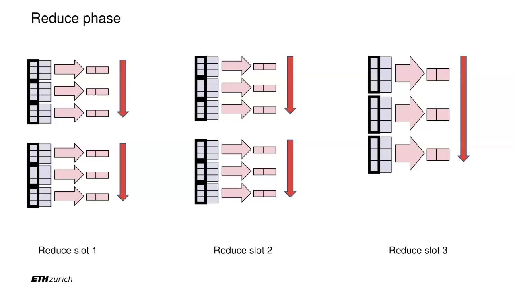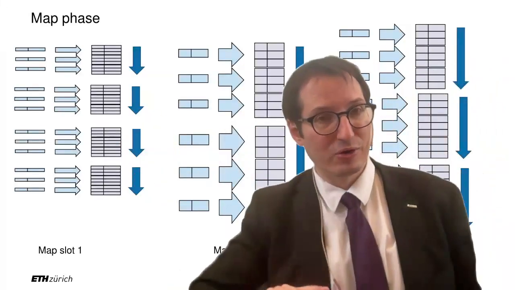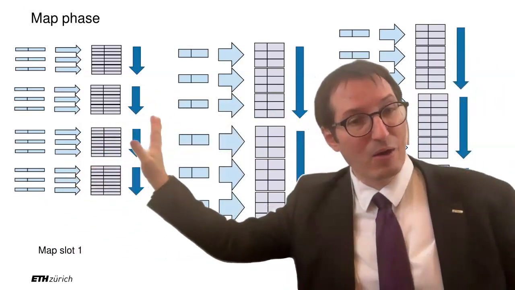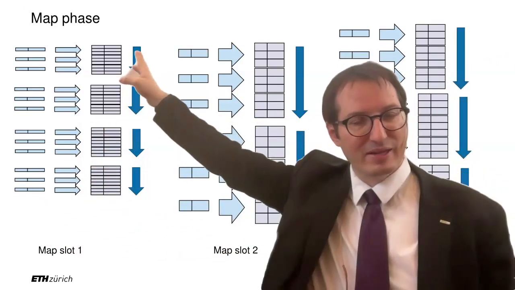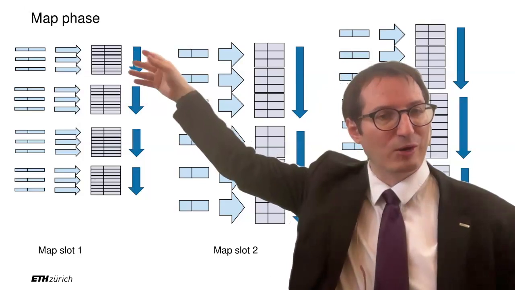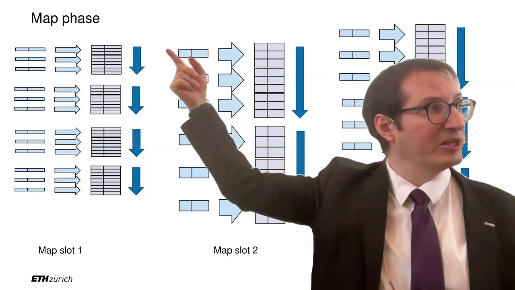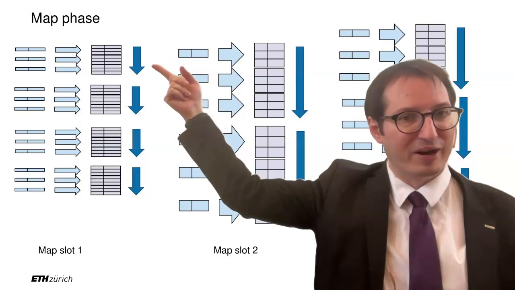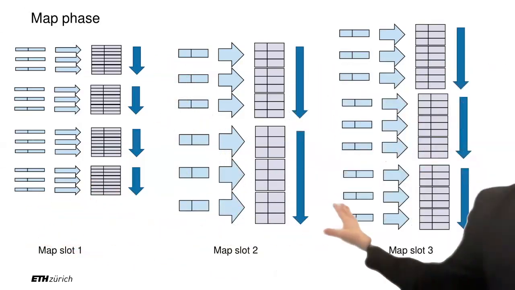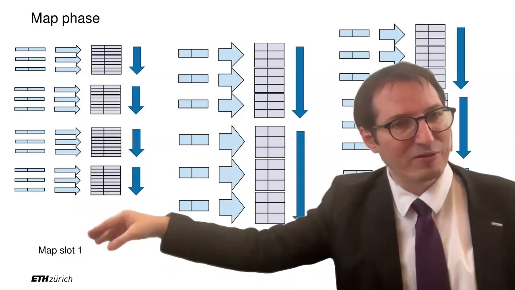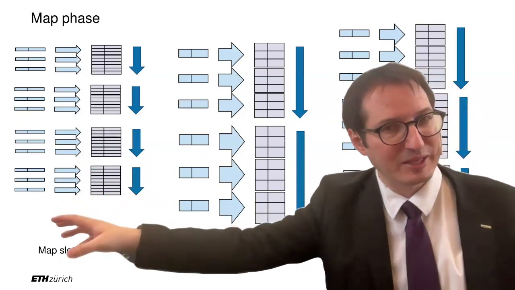Now, what's going to happen is that after processing the tasks, the slots take the keys that come out of the tasks and call the hash function. So for each key, they get a number between 1 and 5. And every one of the slots is going to already prepare the intermediate data.